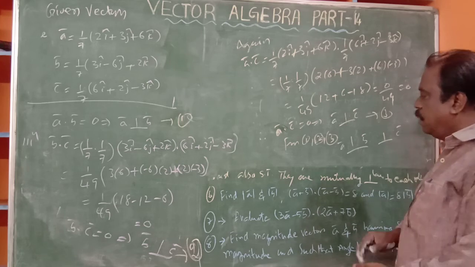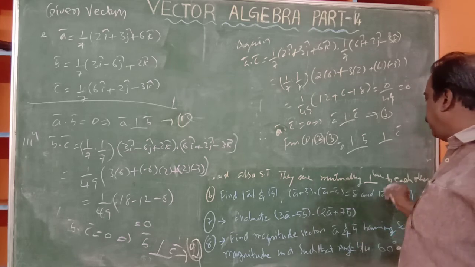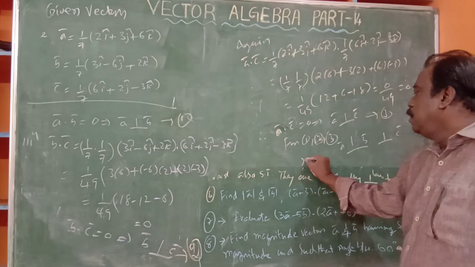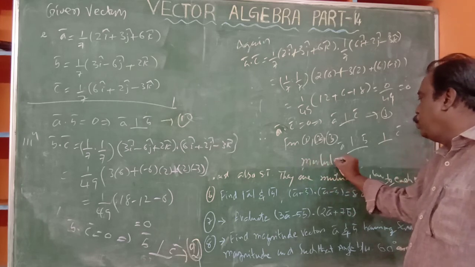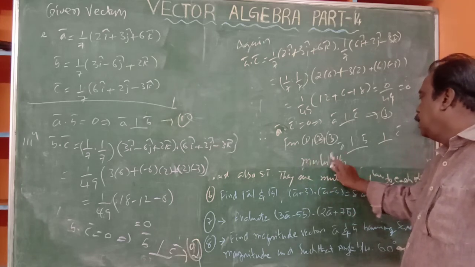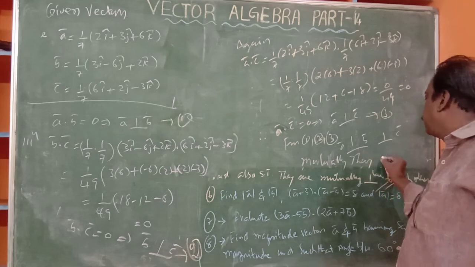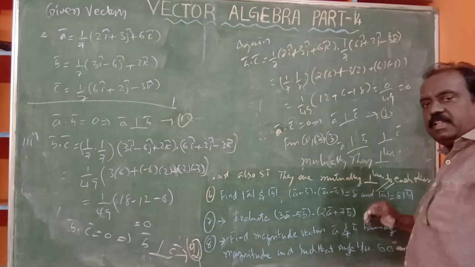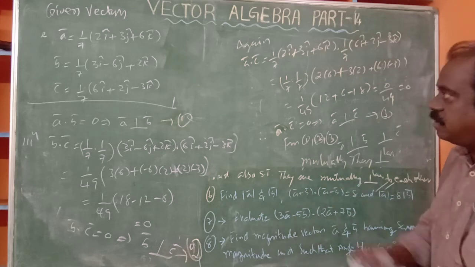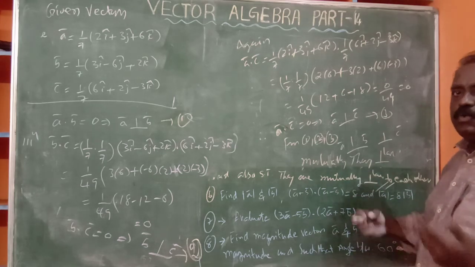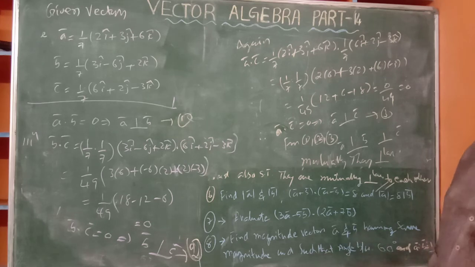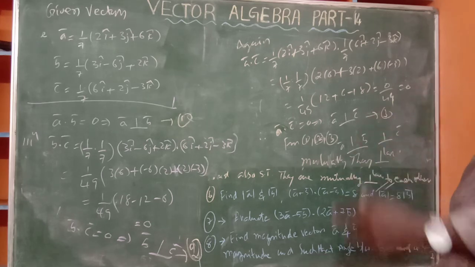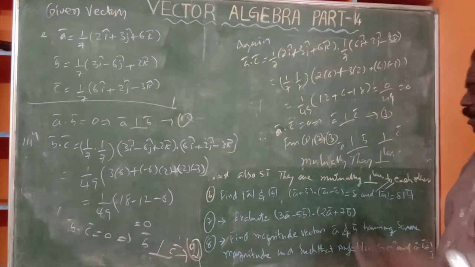That means mutually they are perpendicular to each other. To each other means that is mutual. The given vectors are mutually perpendicular. That means a bar is perpendicular to b bar, b bar is perpendicular to c bar, and c bar is perpendicular to a bar. Like that I have to solve.